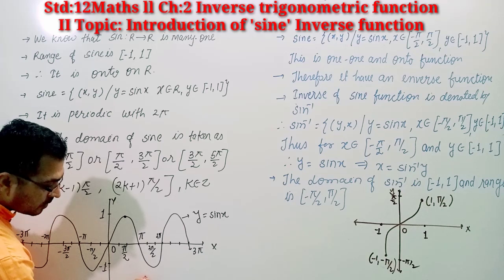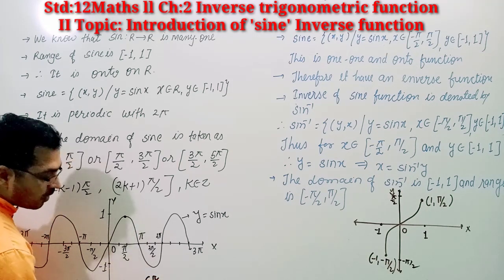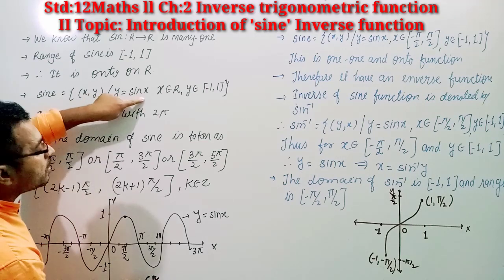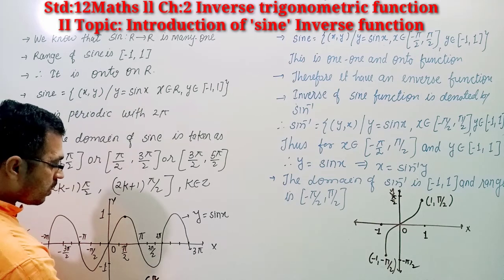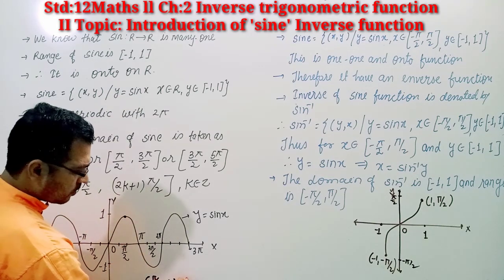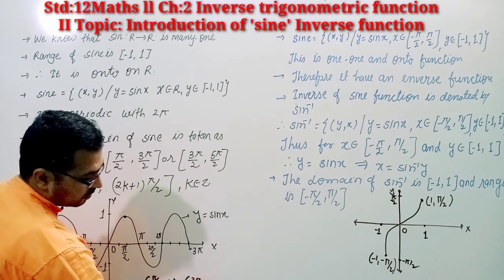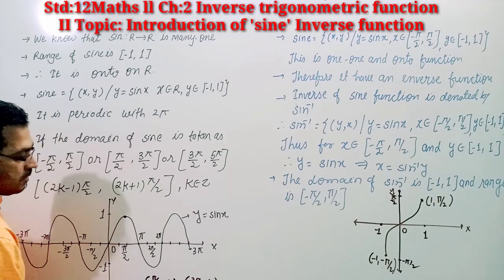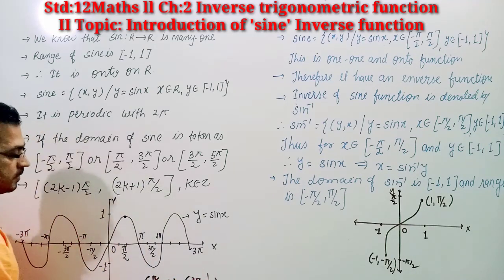Like that, suppose the ordered pair is pi by 2, if you put pi by 2 over here, what do you get? Sine pi by 2 is 1. If you put 3 pi by 2, the value will be minus 1.